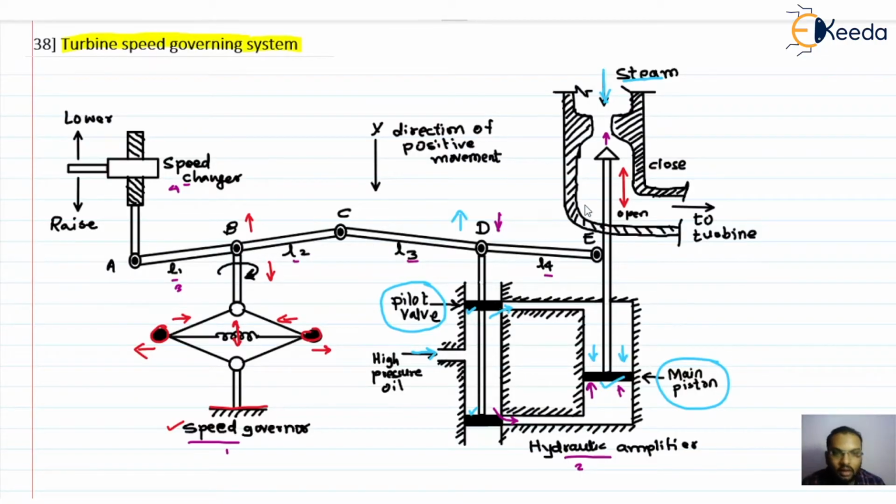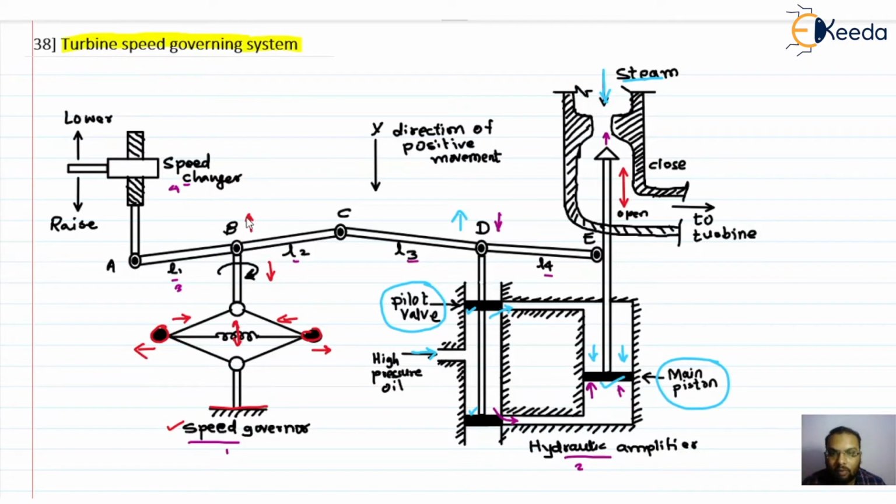With the help of this linkage mechanism I can control the steam according to requirement. Suppose we sense a speed change with the help of the speed governor, definitely this point B on the linkage is going to move upward or downward.